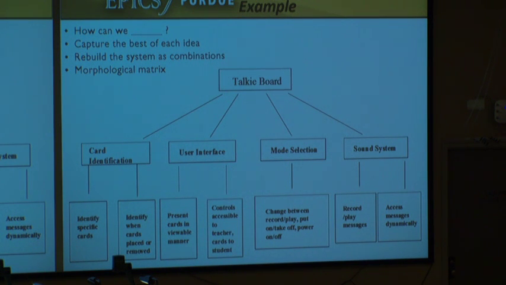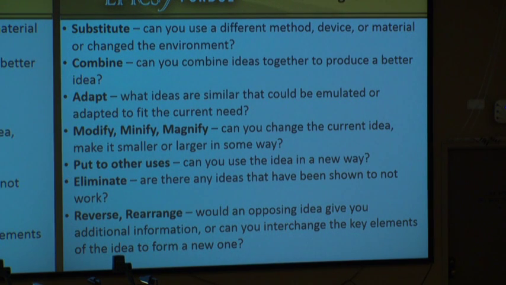Okay? So this can get you out of the mindset of having a particular solution in mind. If you think about a solution for different aspects, it might help you come up with a more innovative way of thinking about it.